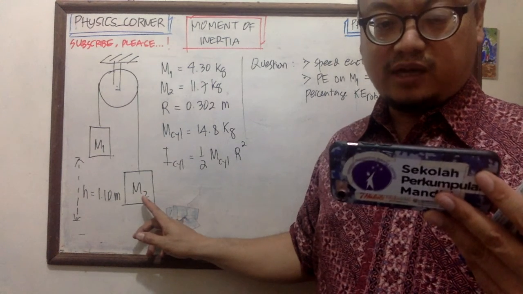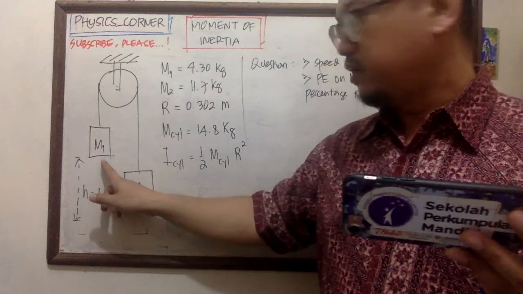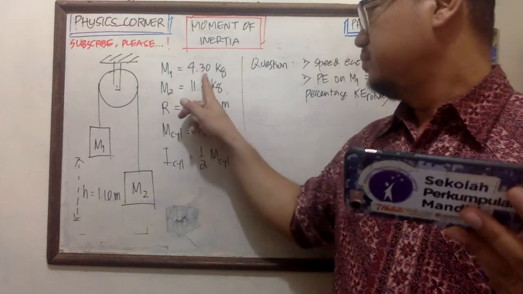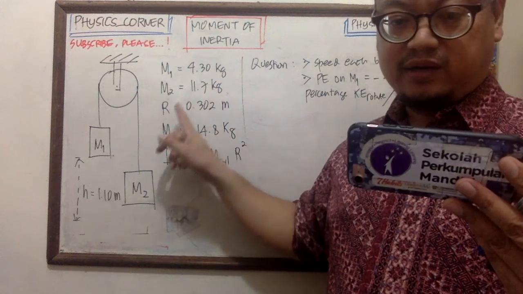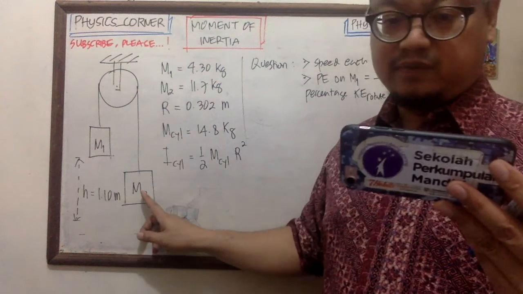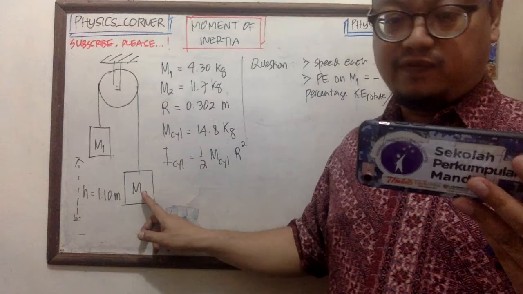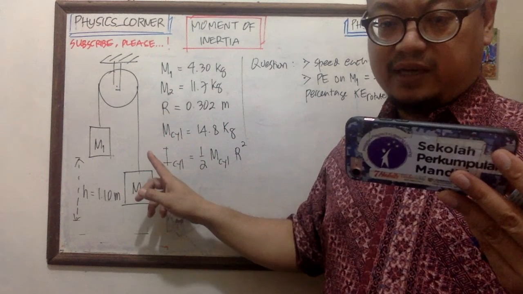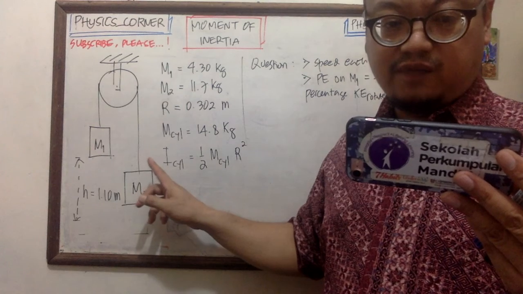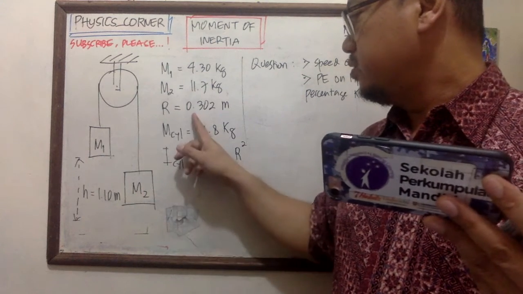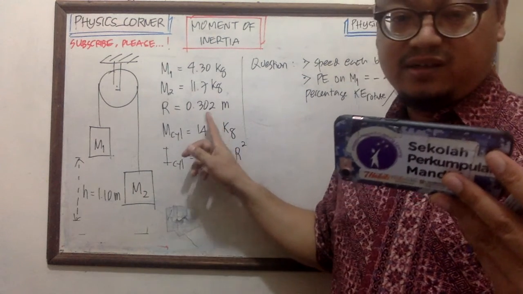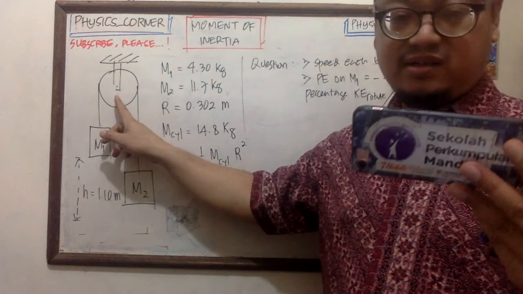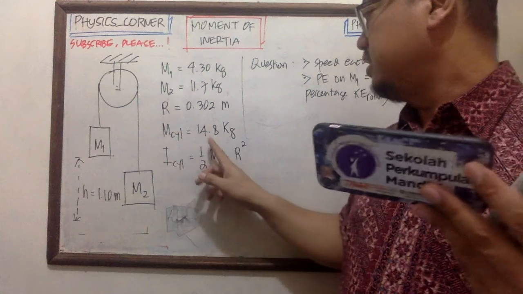The blocks have mass m1, 4.3 kilograms, and m2 has mass 11.7 kilograms. The pulley has a radius of r equals 0.302 meter, and the mass of the cylinder is 14.8 kilograms.